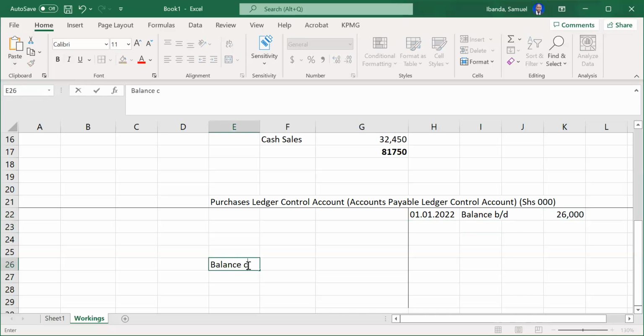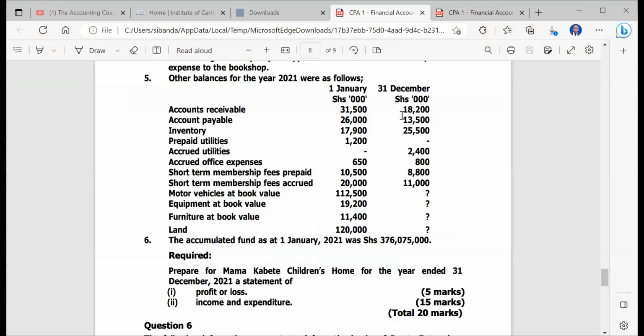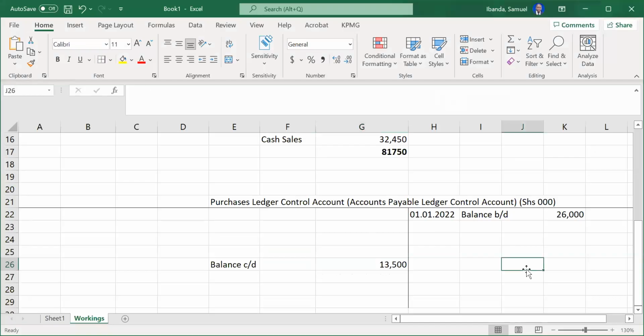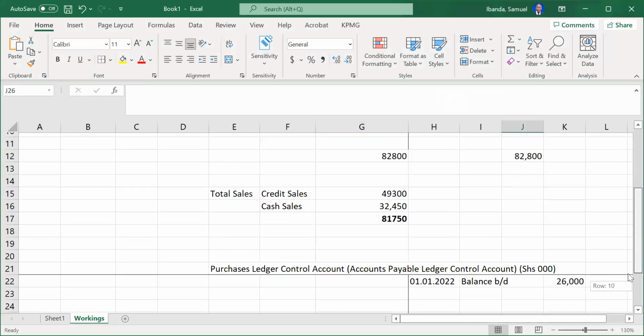Balance carried down is 13,500. I hope I've written the right figures.